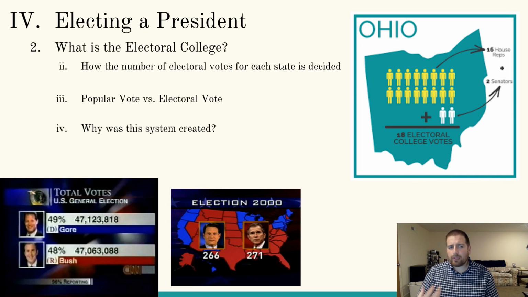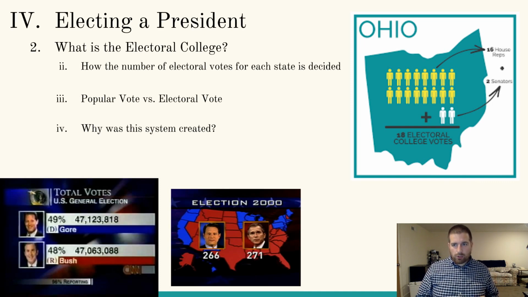Now, let's close out by talking about the popular vote versus the electoral vote. Like I said, the electoral votes are the things that count. It's those 538 that matter. If you get 270 electoral votes or more, you win the presidency. So what do we mean when we say popular vote? Well, the popular vote is who the majority of the nation as a whole voted for.